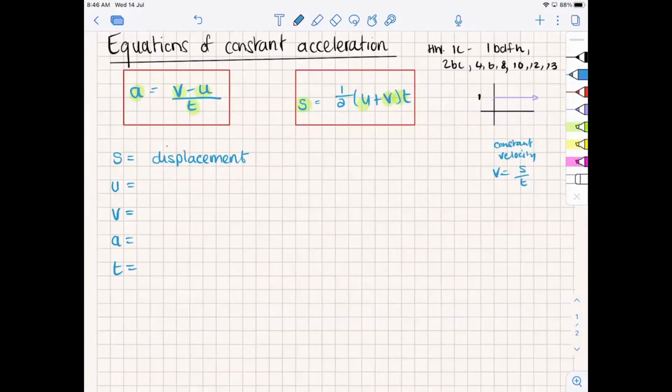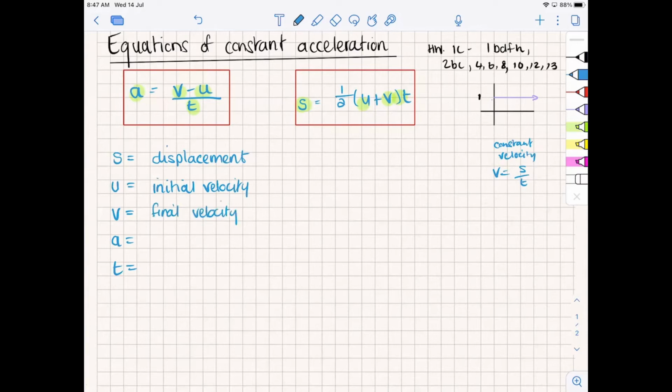What does the U stand for, Toya? Initial velocity. Very good. What does the V stand for, Dominic? Final velocity.